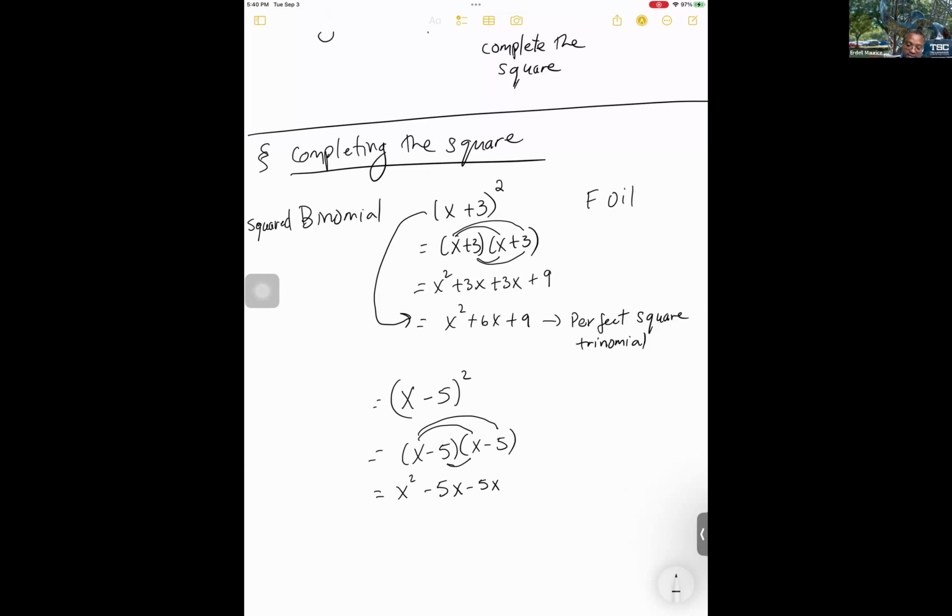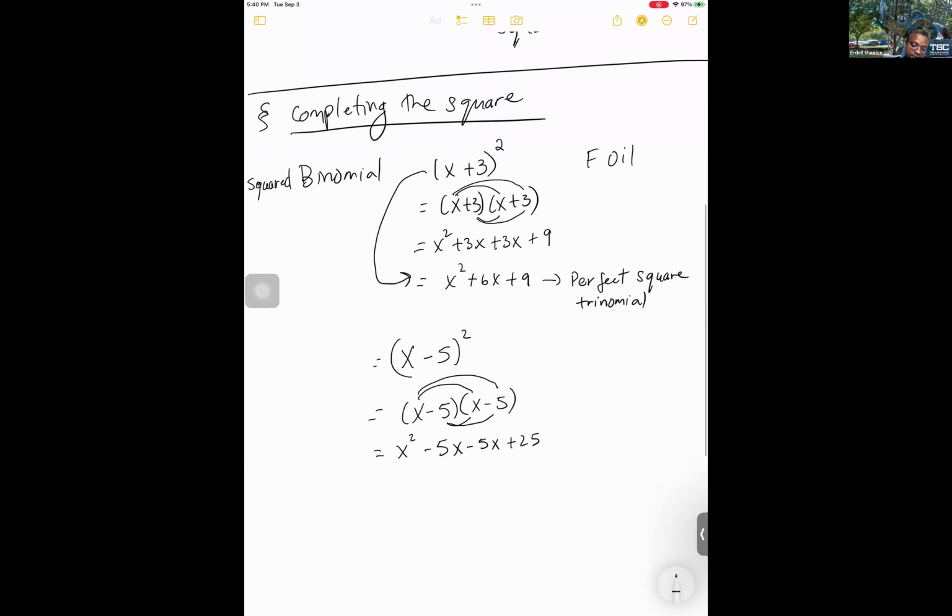And negative 5 times negative 5 is plus 25. These two will combine, giving us x squared minus 10x plus 25. And again, this is a perfect square trinomial. Questions there?